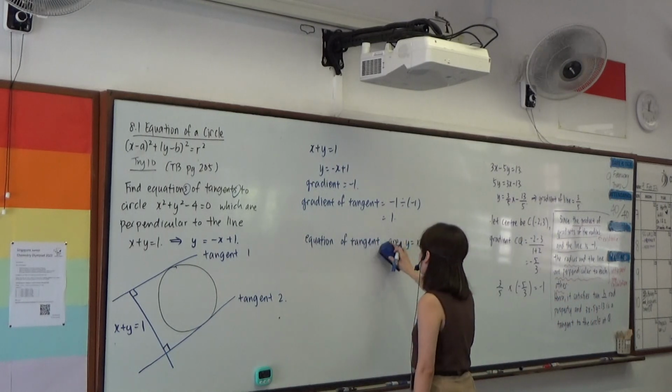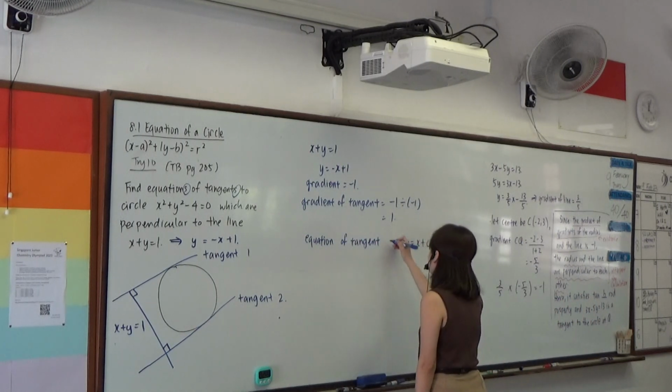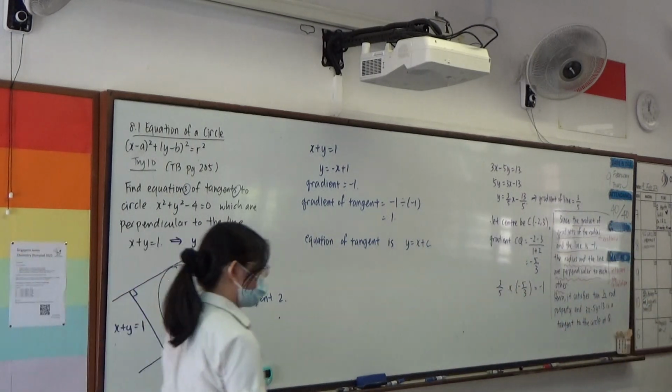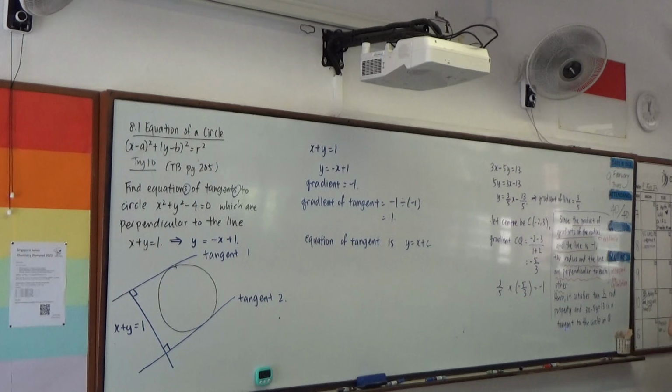So the equation of tangent is, we just go by one first.